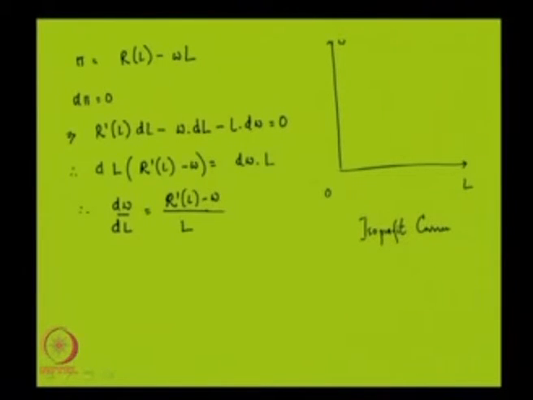And how will this behave if I take different combinations of L and W? If I take a very small value of L, then I know R prime is high, because R prime as such is positive, but it goes on falling. So, if the value of L is very low, the value of R prime will be high.